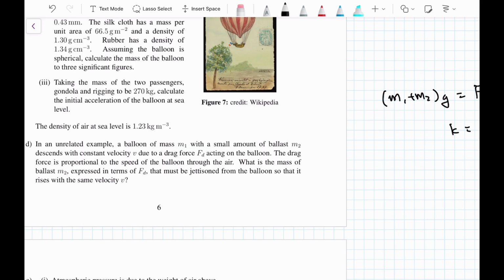In the second case where m2 is ejected, the forces acting upward is the buoyancy of the balloon, and downwards should be the weight and also the drag force. But we aren't given any information about the buoyancy. So I suppose it is a constant that we should include.